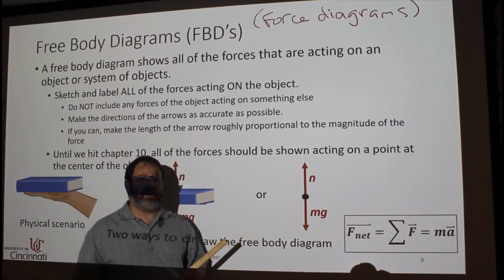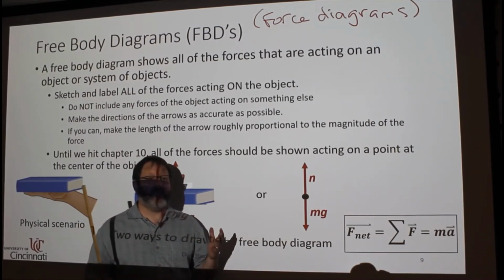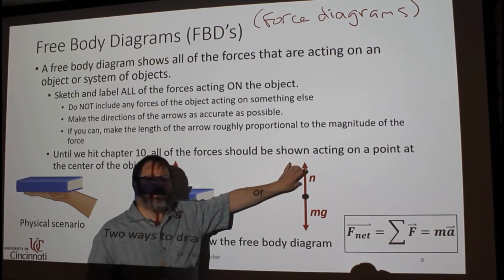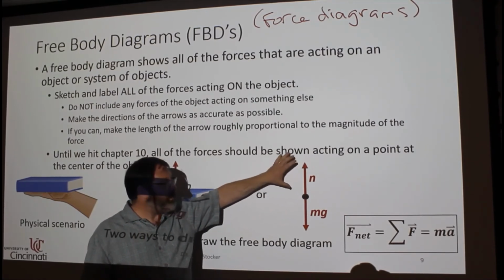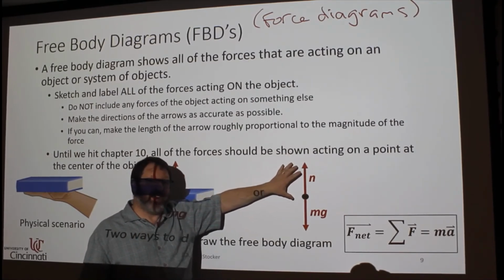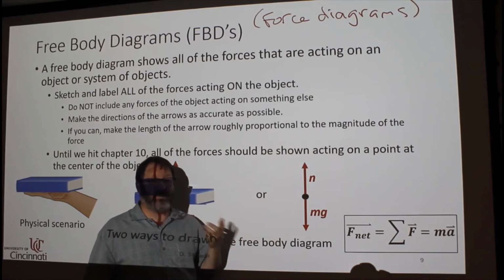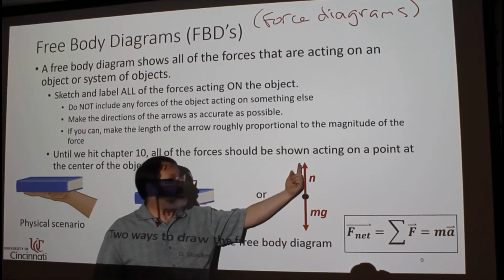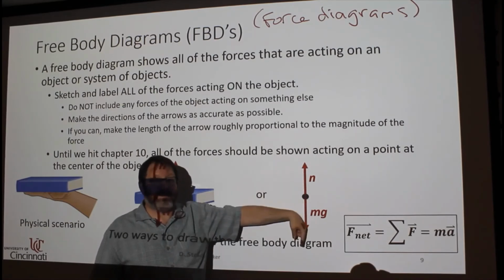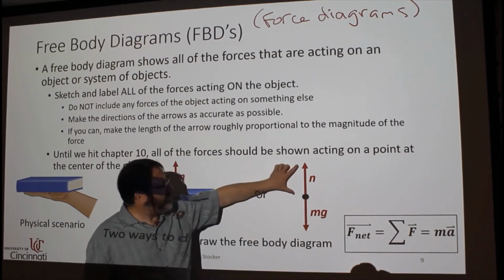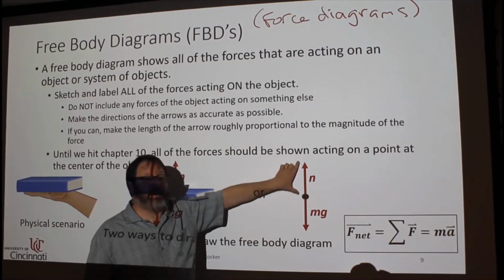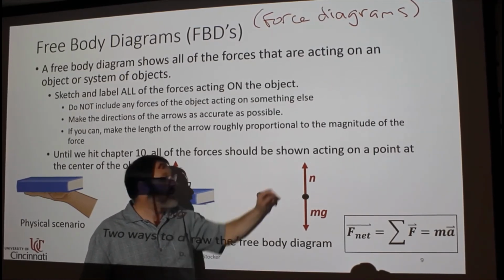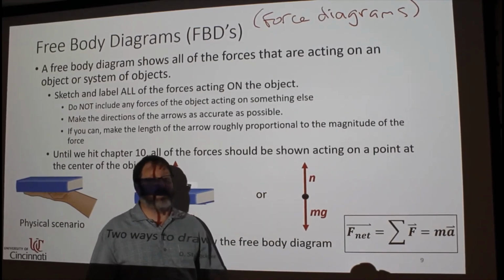If you know something about the magnitude of these forces, you should also try to make the arrows proportional to the magnitude of the force. In this case, we knew the net force is 0, so whatever force is acting up, there has to be an equal and opposite force acting down. So both of these arrows have the same length, the same magnitude, showing that these forces also have the same magnitude.